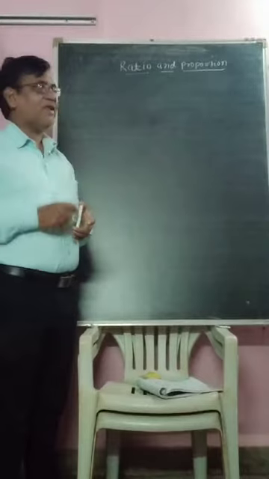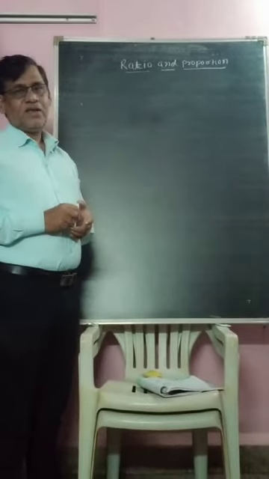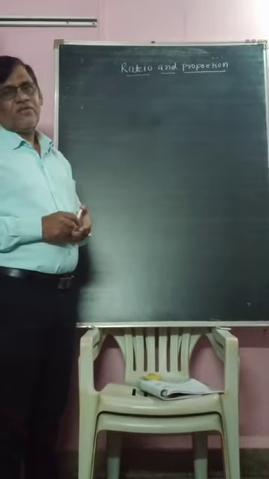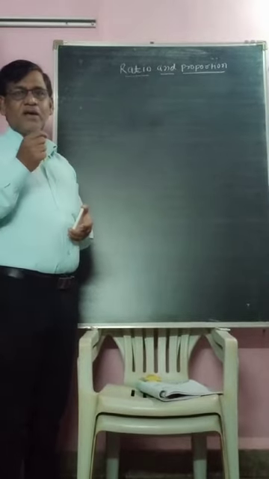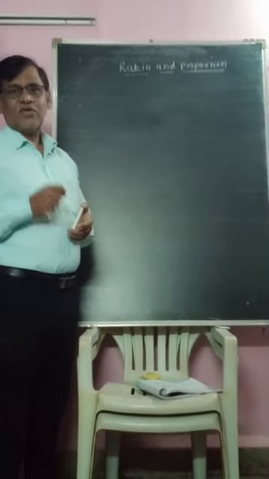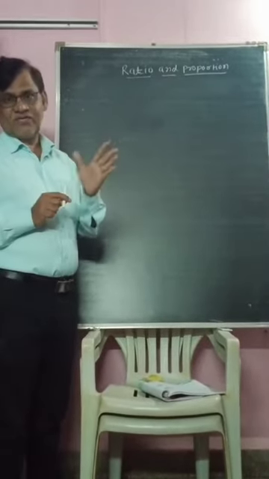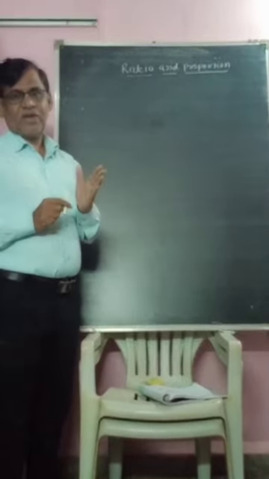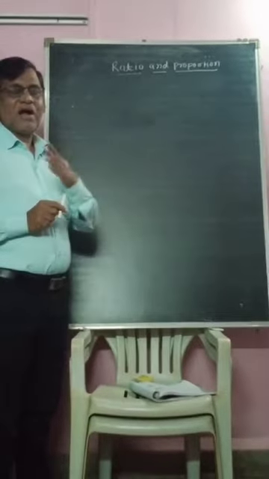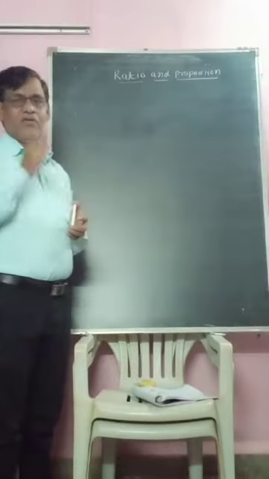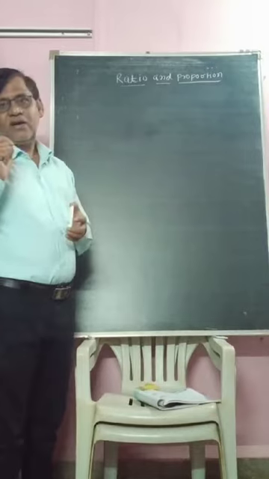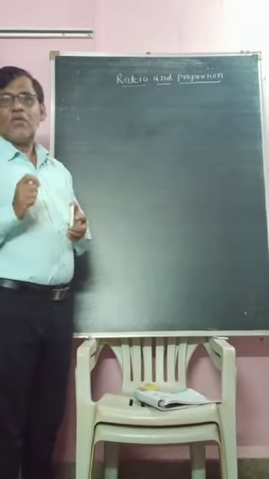In mathematics, for example, when we compare the runs of Tendulkar to the runs of Ponting, they are the same, they both are runs, the quantity is runs. Then we can compare. But we can't compare the runs of Tendulkar and the wickets of Kumble.